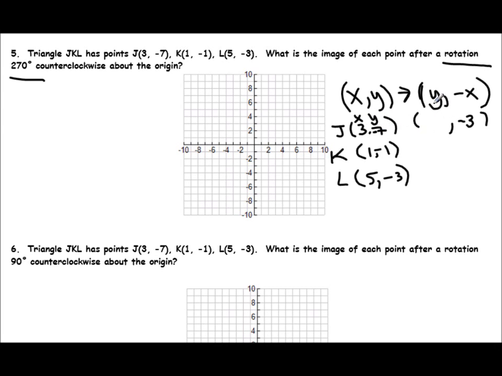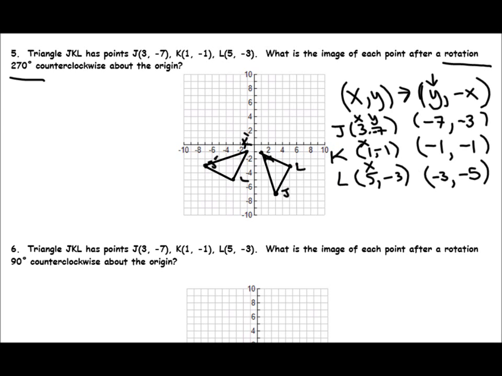Take the y value, and it stays positive, and put it in the x position. Okay, so you try the next 2 points on your own and pause the video and see if you get what I get. And after graphing the points, when we go 270 degrees, go 90, 180, and 270 into the third quadrant.